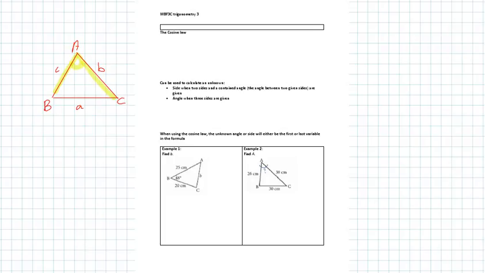To find side A, it will be A squared equals B squared plus C squared minus 2BC cosine angle A. These are all multiplied together. These are all one thing that must be calculated together, because multiplication goes first.